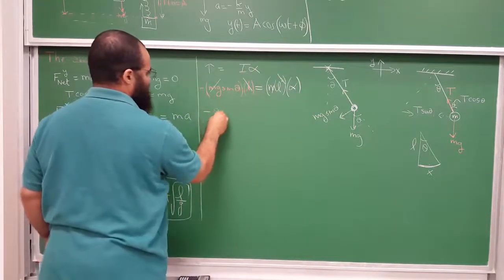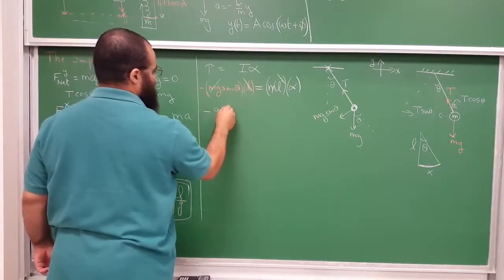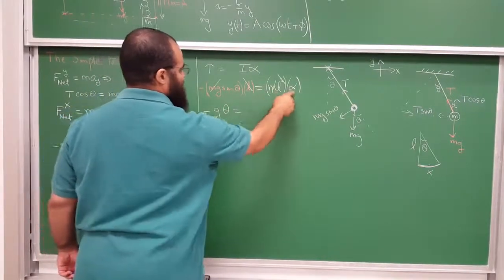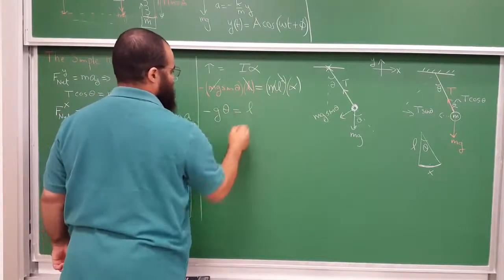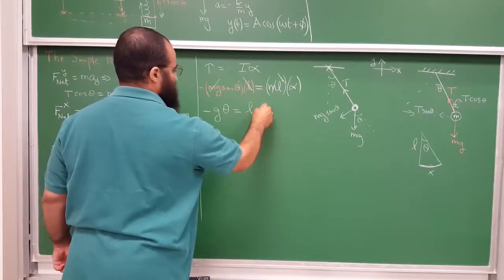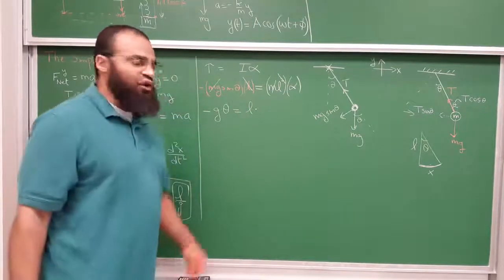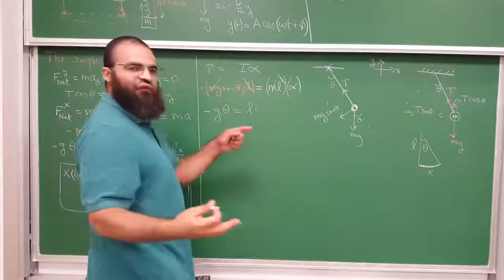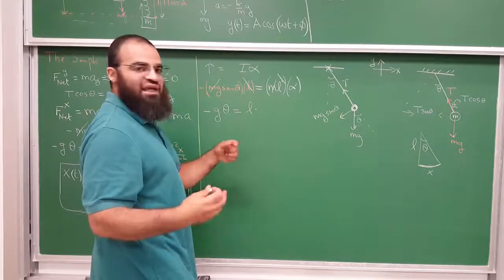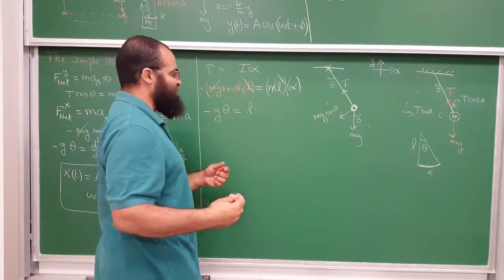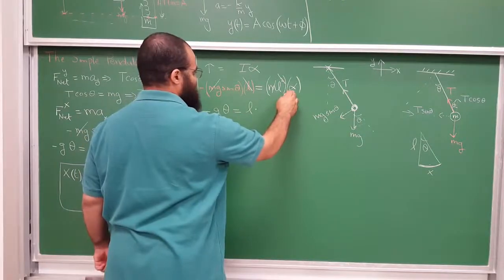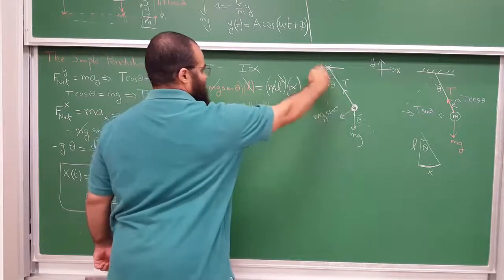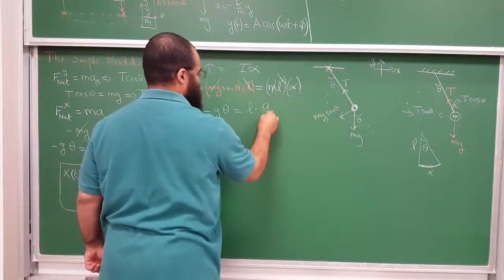So I have negative g theta, since sine theta would be approximately equal to theta. And I have here L times alpha. What is alpha in terms of the tangential acceleration? If you remember, alpha times r is the tangential acceleration, so A divided by r will give me the angular acceleration. So alpha will be the linear, or tangential, acceleration divided by the distance, which is r, or L in this case.